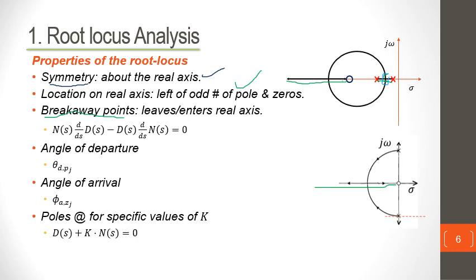It means points like this, where the root locus is on the real axis and then it breaks away from the real axis here. And then you have here the break-in point, where the root locus was moving from there, and then it comes into the real axis. So this is the break-in point. This is also a break-in point here.